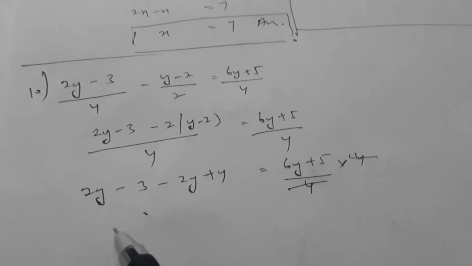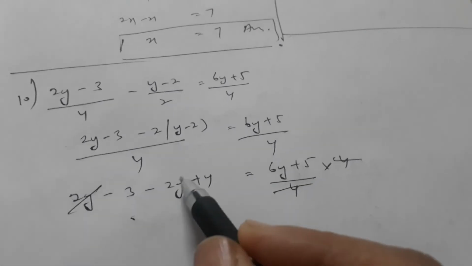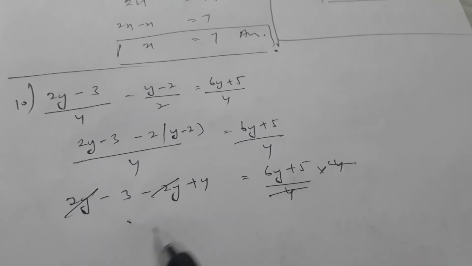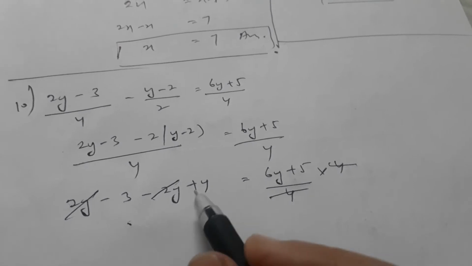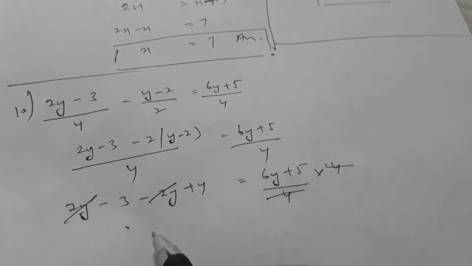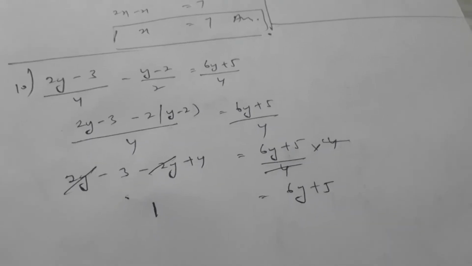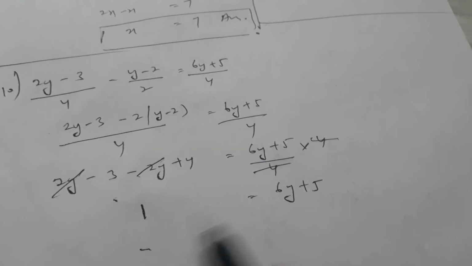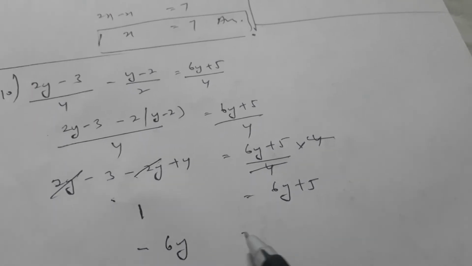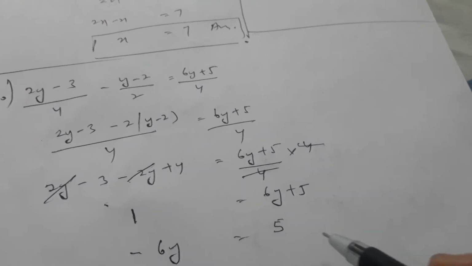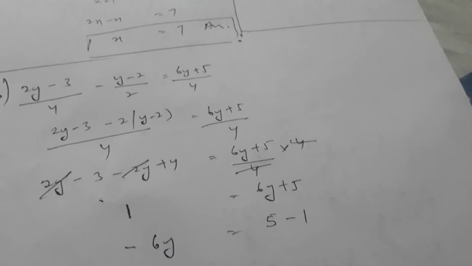Now 2y and minus 2y will get cancelled. So we will be left with 4 minus 3, 1 only, and in here 6y plus 5. So if we transpose, it will get minus 6y and 5 minus 1.